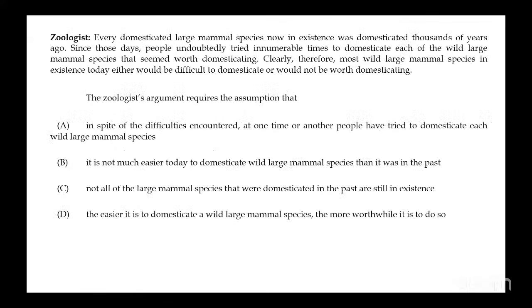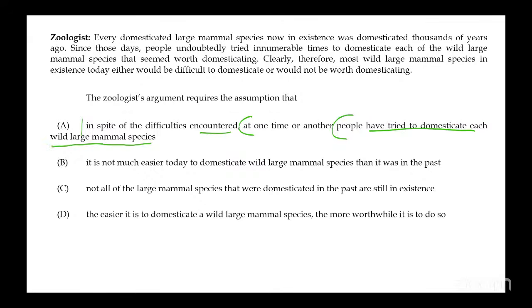Okay. Before we start discussing this one, there was a doubt in the chat regarding the previous one, that you would need another explanation for option A. So let's look at option A. It says, in spite of the difficulties encountered at one time or another, people have tried to domesticate each wild large mammal species, right?